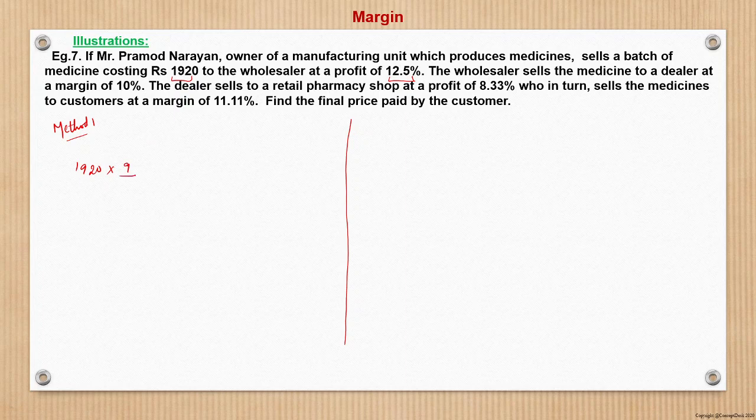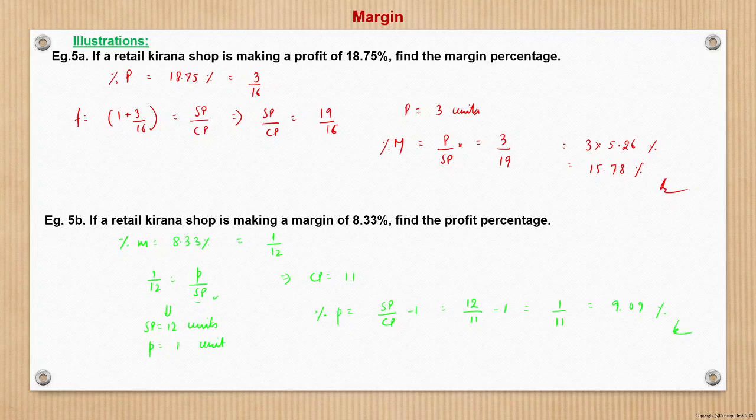So it becomes 1 plus 1 by 8, which is 9 by 8. Further, the wholesaler sells the medicine to a dealer at a margin of 10%. 10% means, but margin is over a selling price, right? So margin will be over this amount. So if margin is given, how to calculate the profit percentage? That we know, right? We have seen in the illustration how to calculate. I will just get back to here. Here if margin is given as 1 by 12, what will be the profit?